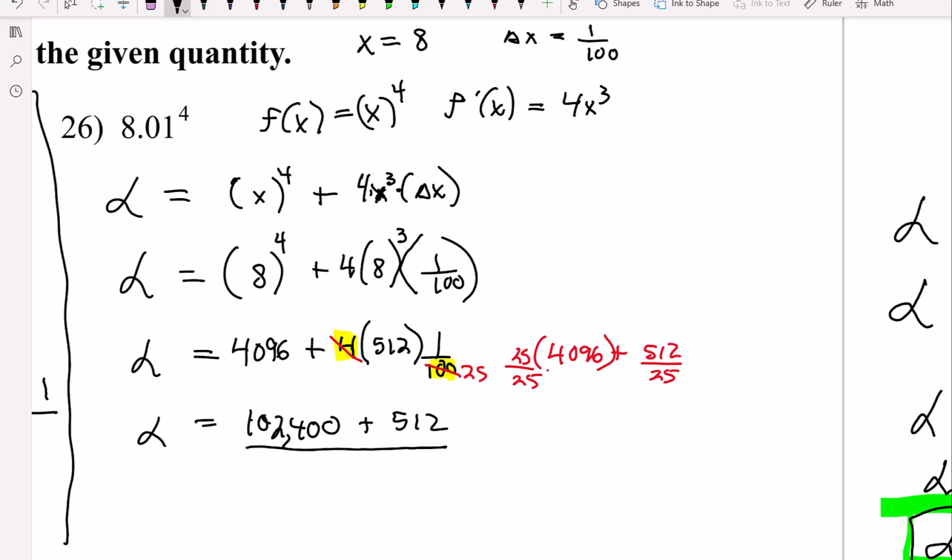All of this is going to be over 25, which is 102,912 over 25.